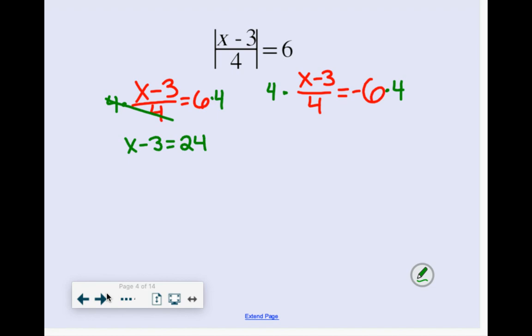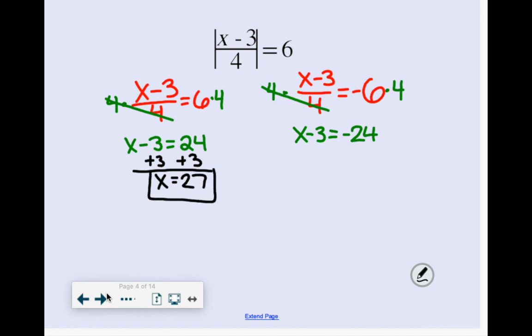And then over here, my 4's cancel out, but I have x minus 3 equals negative 24. And these equations are always going to be what I call parallel, meaning that they're going to solve in the exact same way. Okay, so then I have to get rid of the minus 3, I'm going to add 3. x equals 27. And over here, negative 24 plus 3 is negative 21.